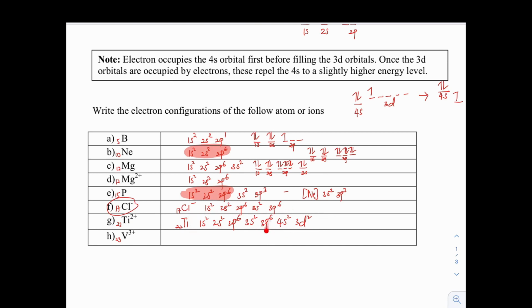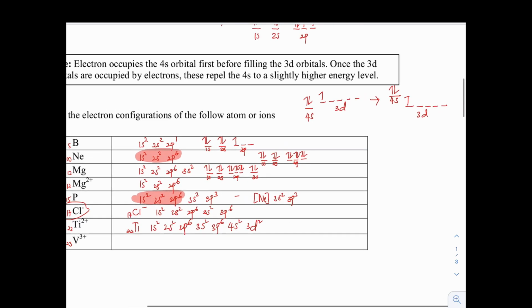Now, I've mentioned that whenever the 4s orbital starts to fill up, it is followed by the 3d orbital. You can see that there are 2 electrons in the 3d2. Once the 3d2 electrons started to fill up, these electrons will repel the 4s orbital to a slightly higher energy level like this.